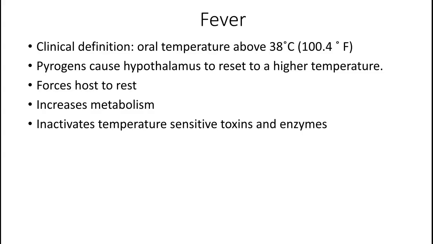Our hypothalamus is our internal thermostat. So when those pyrogens act on the hypothalamus, it resets our temperature. Why we want a fever is that it helps to inactivate some of those temperature-sensitive toxins and enzymes in the microbes.